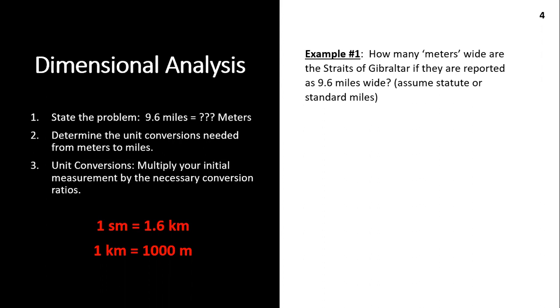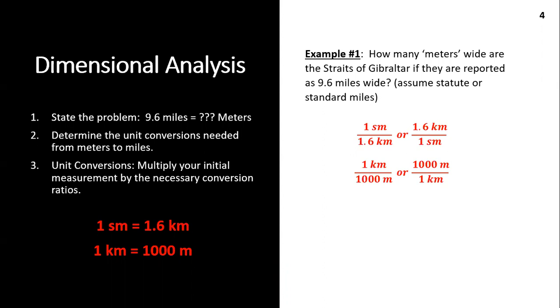To do this correctly, it helps to look at a conversion factor as ratios. Specifically, notice that 1 statute mile per 1.6 kilometers is the same as saying 1.6 kilometers per statute mile. Or for example, 1 kilometer per 1,000 meters is the same as saying 1,000 meters per 1 kilometer.